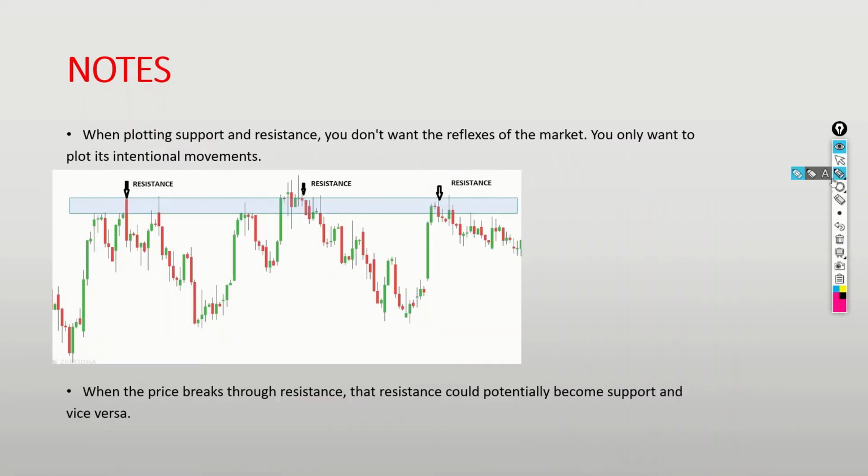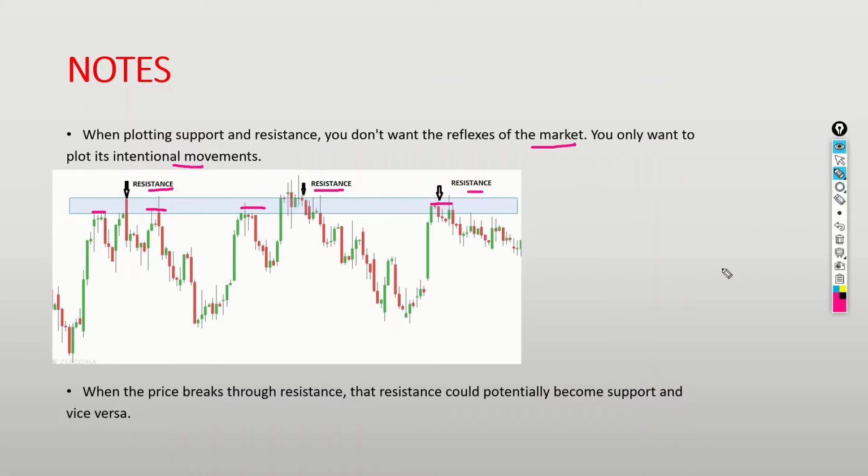Okay. So when plotting support and resistance, you don't want reflexes of the market. You want to plot its intentional moves. So when you look here, it's a resistance zone, okay? But every time the price hits this level here, then here, here, and then here, the price retraces back.